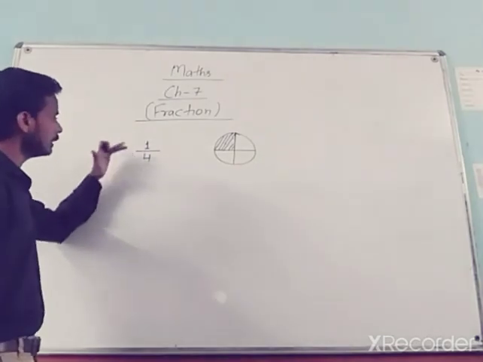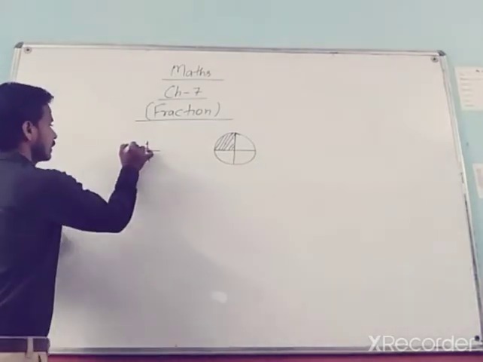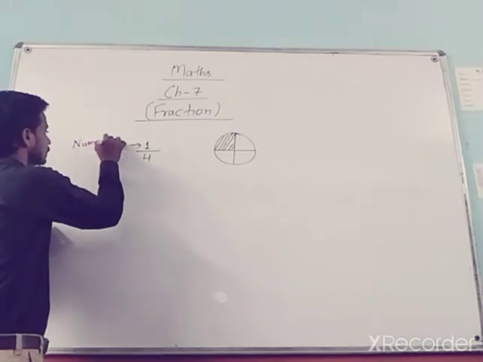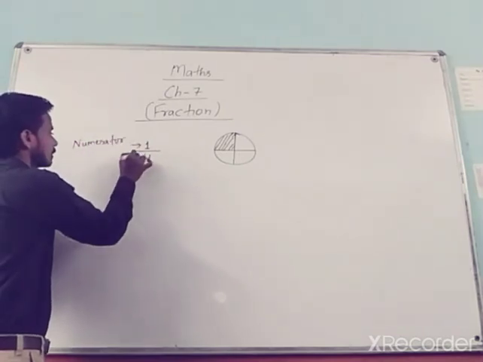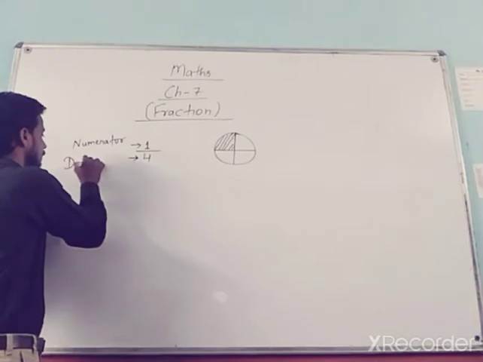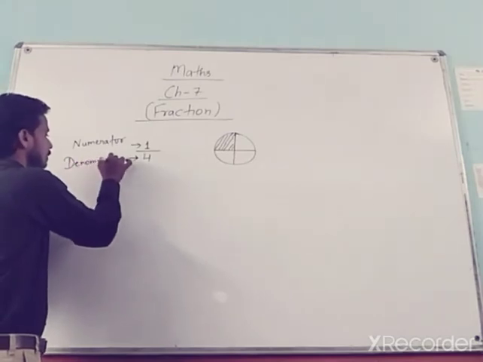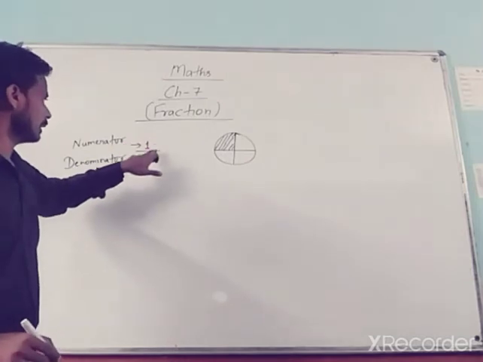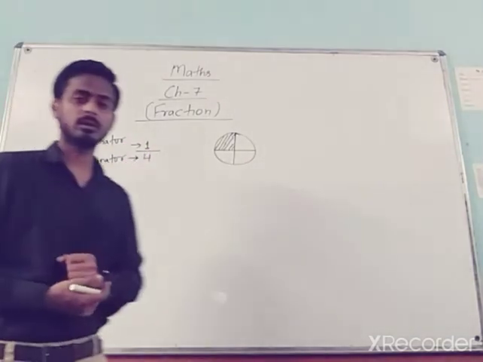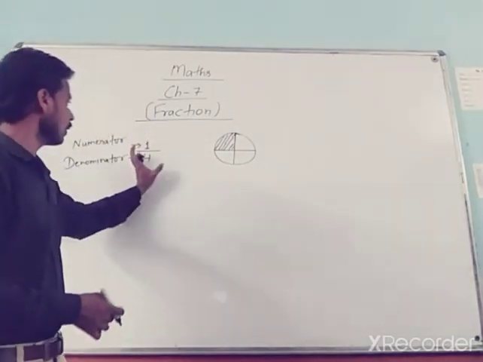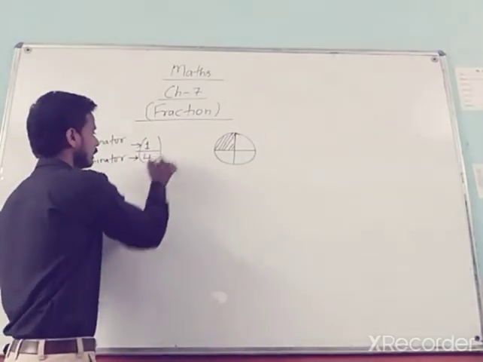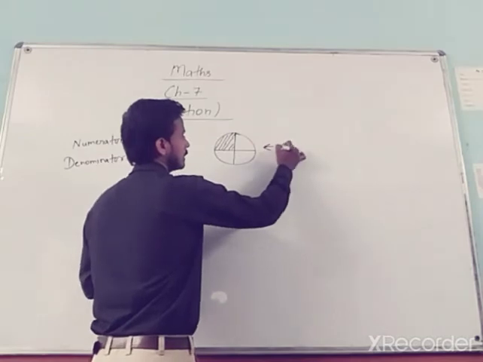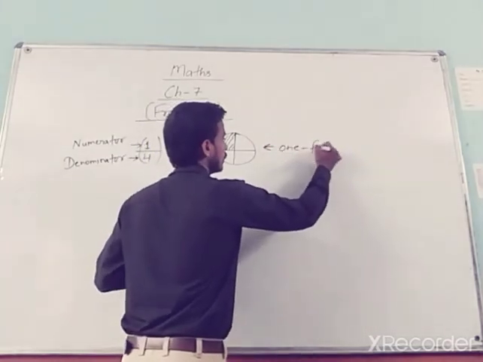See, numerator, denominator. 1 by 4: numerator is 1 and denominator is 4. Clear? Overall, this fraction is called 1 by 4, or it can be written as 1/4.